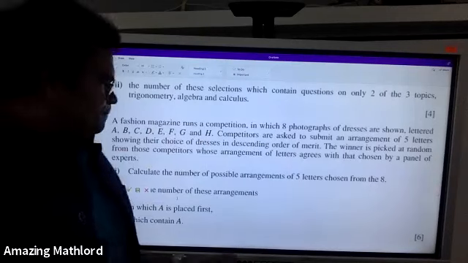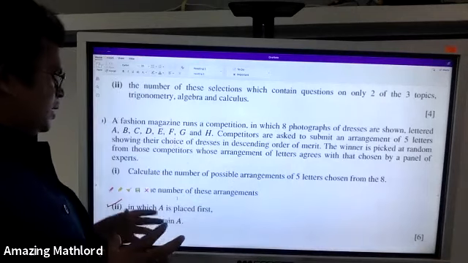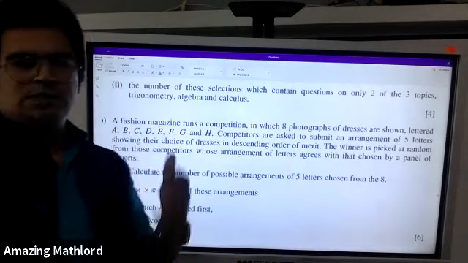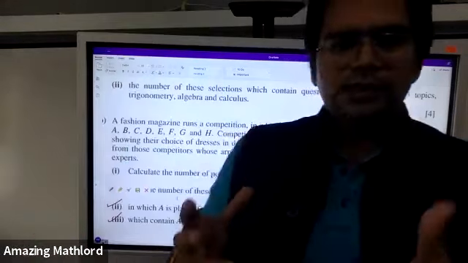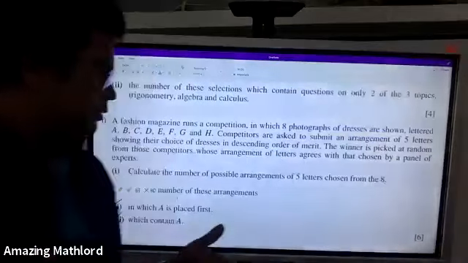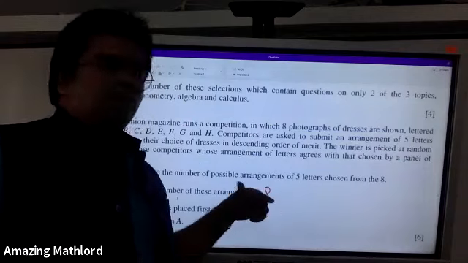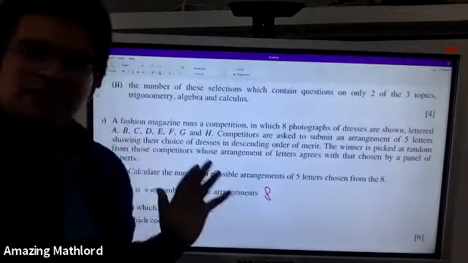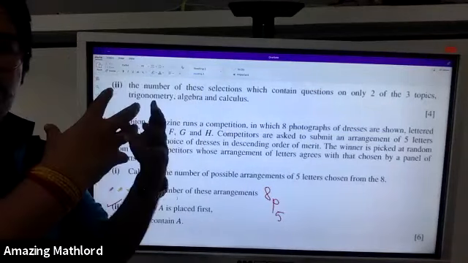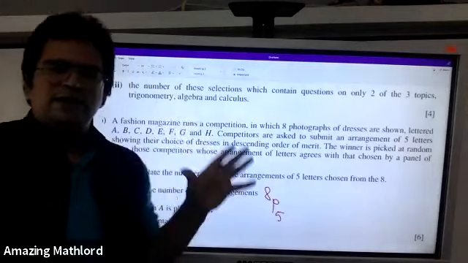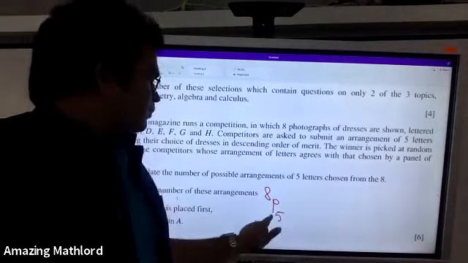Think about it: the arrangement of those letters must contain A. So I can take random arrangements, meaning out of 8 letters I want to pick 5, whether it contains A or not. 8P5 is from 8 letters, you pick 5 randomly, whether it contains A or not. This will be all inclusive.